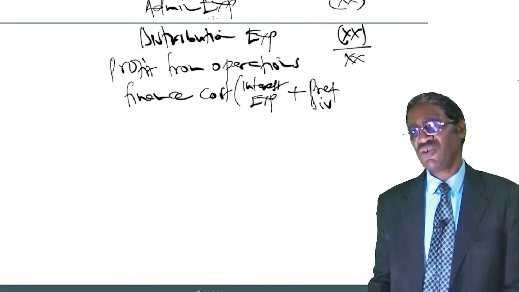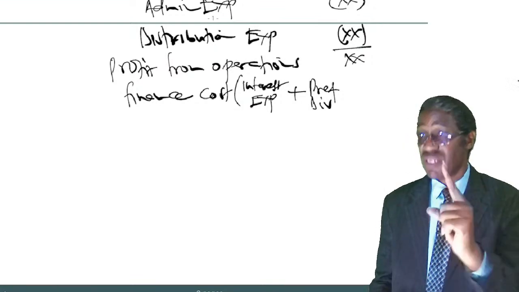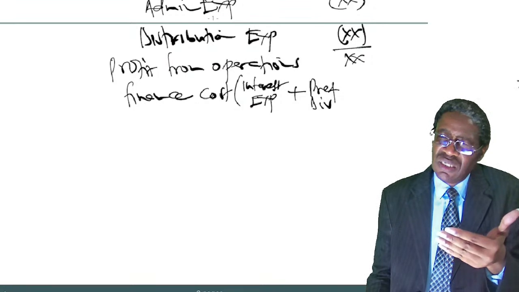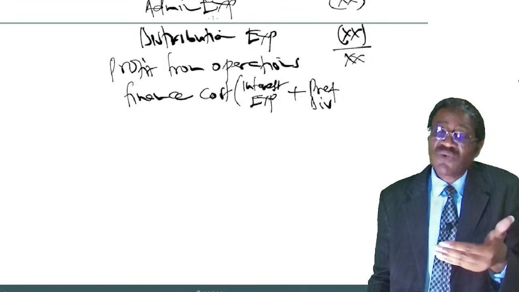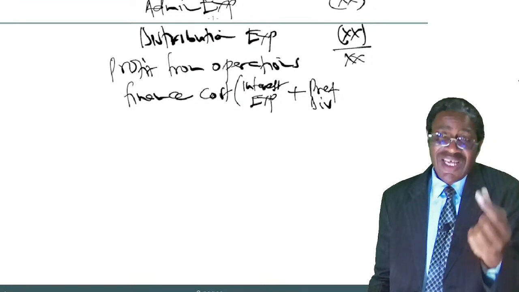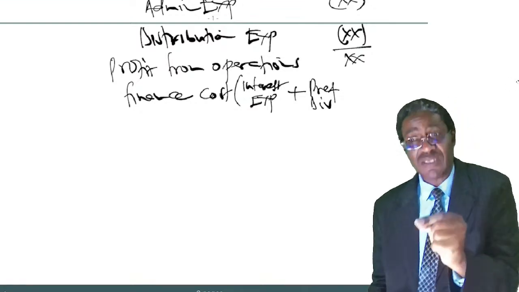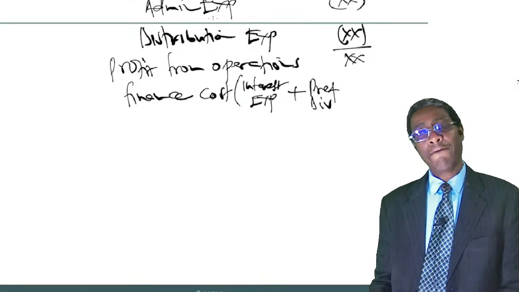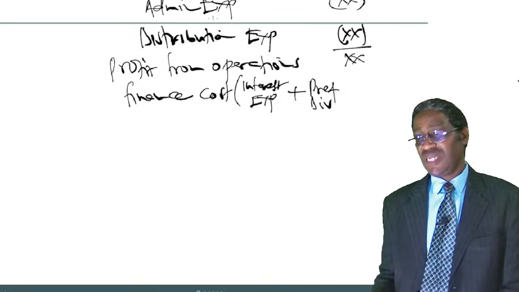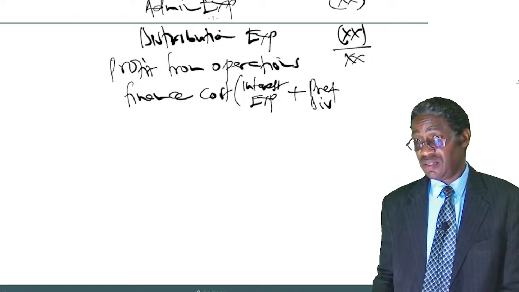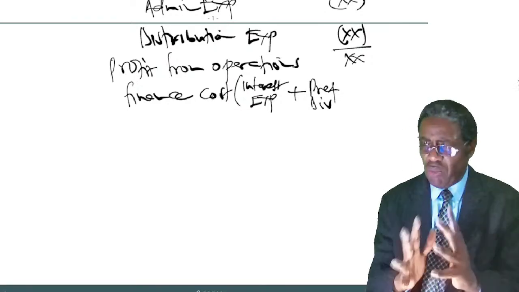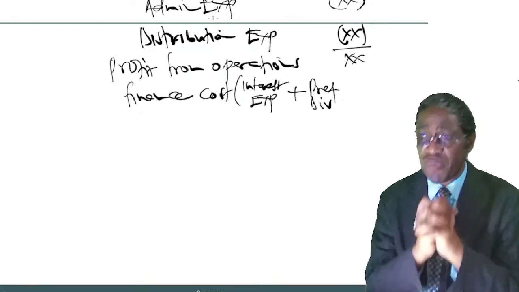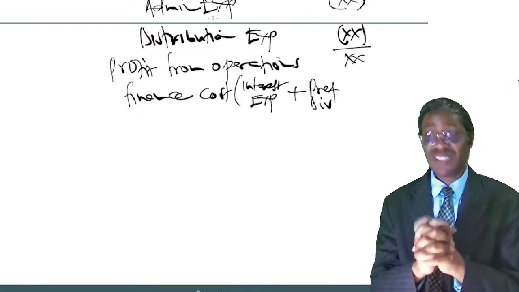Now that I've given you one example, tell me this. Which kind of preference dividends are these that we normally consider should be classified as a finance cost? Listen. In normal practice, dividends are normally an appropriation of profit.